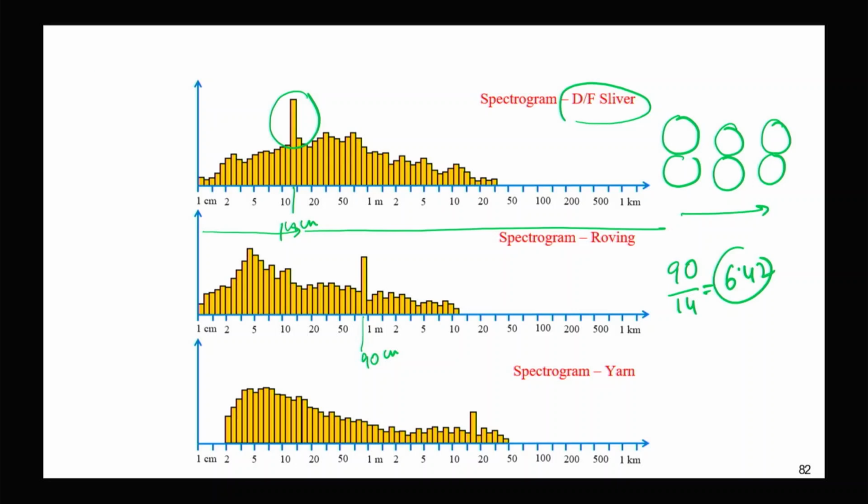That means if the draw frame wavelength is such, the roving frame will have 6.42 times stretch, so wavelength has increased.